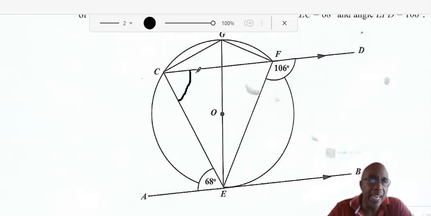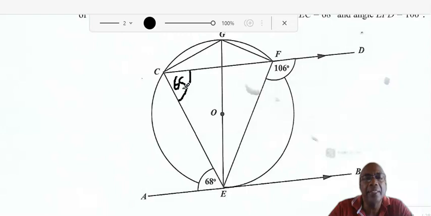You may also call it Z angles in parallel lines. And the rule is that alternate angles in parallel lines are equal. So therefore, angle ECD is 68 degrees, the same as angle AEC.